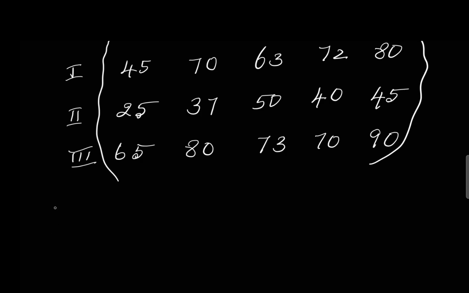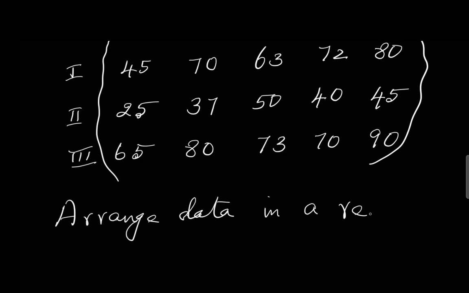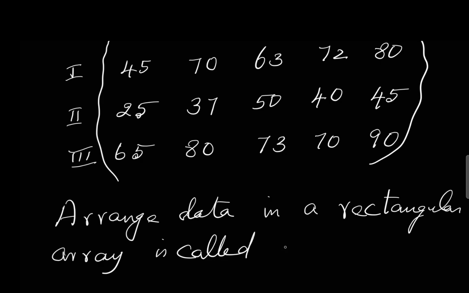Otherwise we say a matrix is nothing but arranging things or data in a rectangular array. Arranging data in a rectangular array is called a matrix.